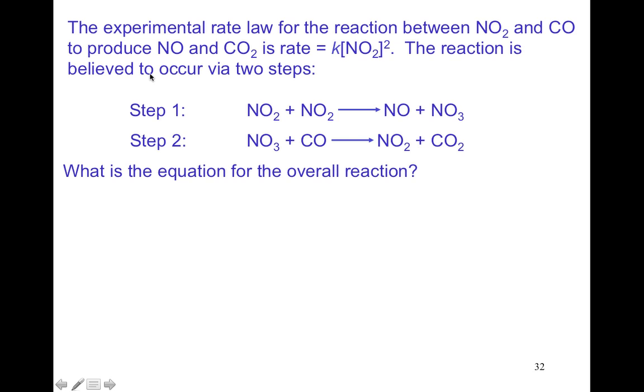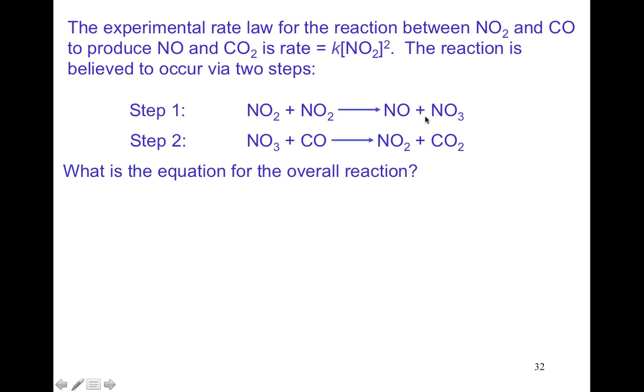The reaction is believed to occur through two steps. Step 1, NO2 and NO2 form NO and NO3. We take those products, we say NO3 from here, plus carbon monoxide gives us NO2 and CO2.